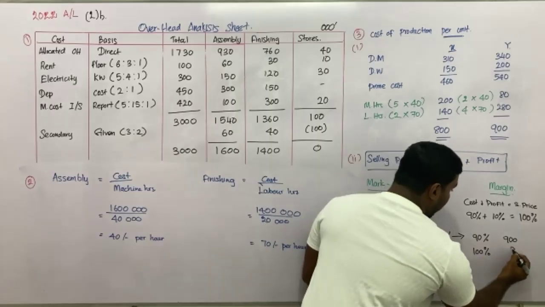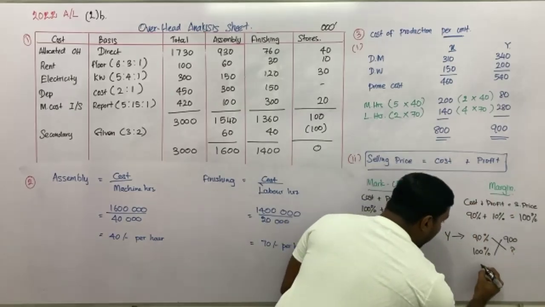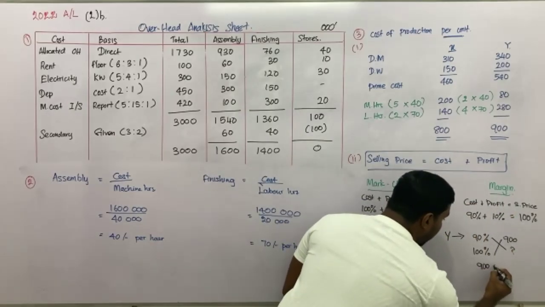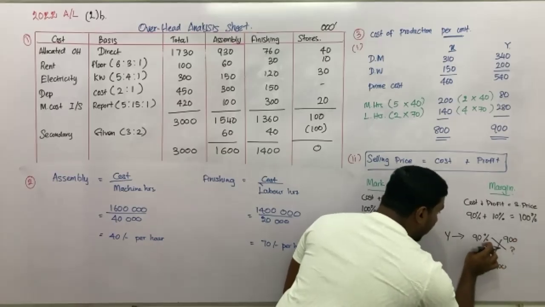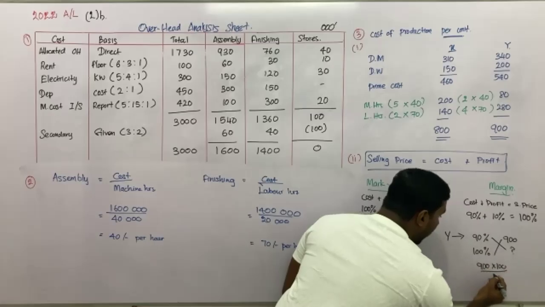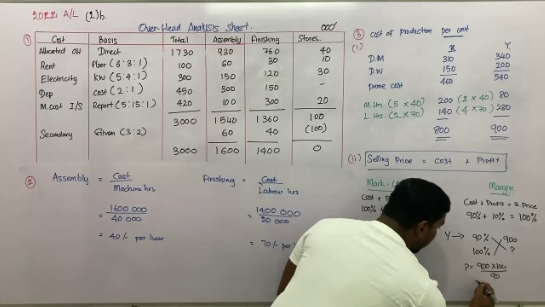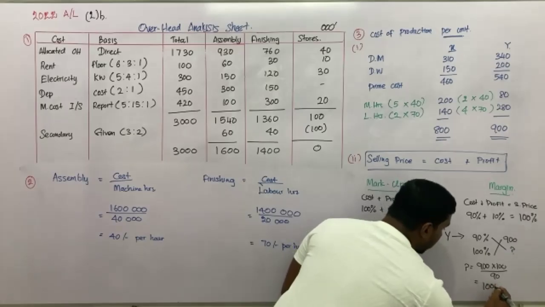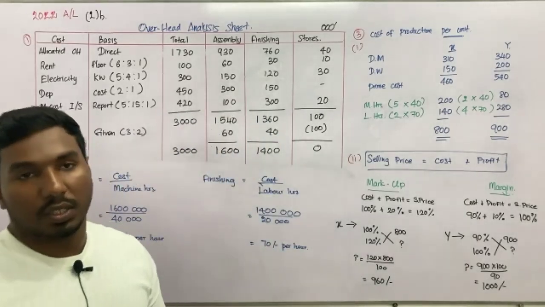That's what we need. Cross multiply this: 900 multiplied by 100 divided by 90. That's what we need, which equals 1000 rupees.